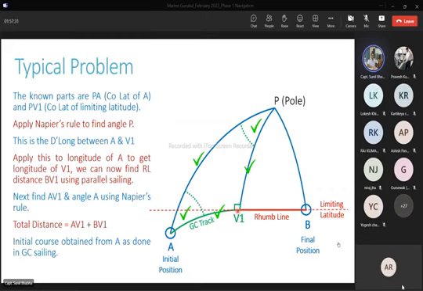Once the longitude of the vertex is known, everything else falls into place. We can calculate the rhumb line distance, the initial course, the GC track distance, and the question gets solved. So this was a typical problem which sometimes appears in the exam, and the method of how to tackle it.